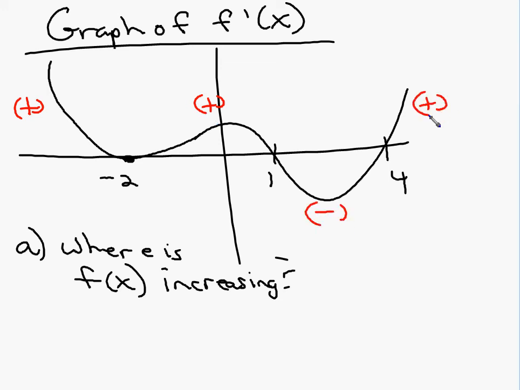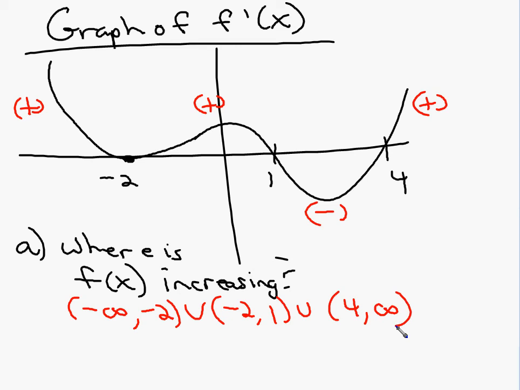So if the value of the derivative is positive, doesn't it have to be increasing? So we could say that it is increasing from negative infinity to negative 2, and we are breaking it up because that's a 0 there. Union, it's increasing from negative 2 to 1, union, and it's also increasing from 4 to positive infinity.